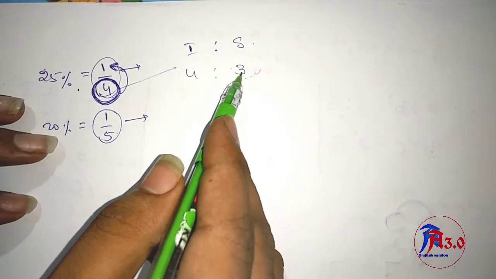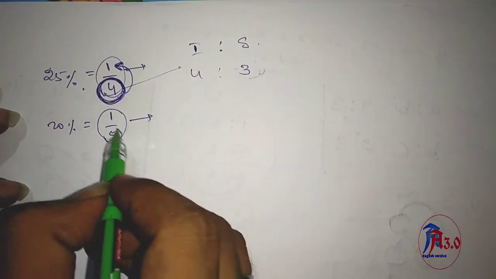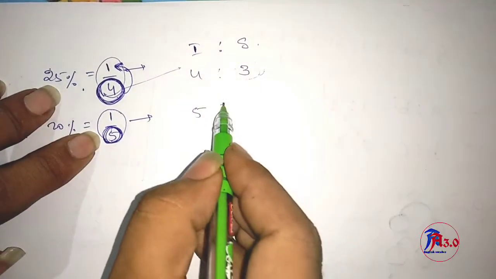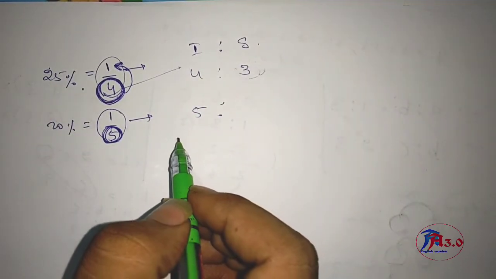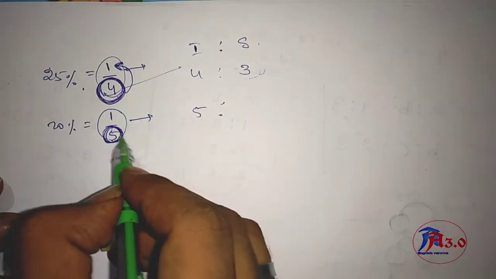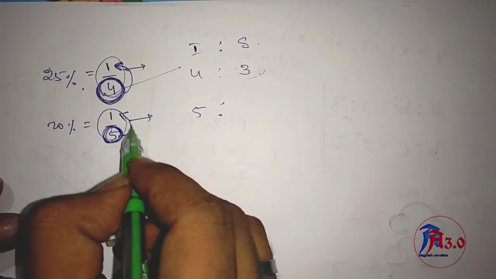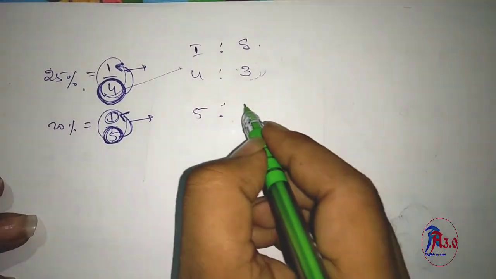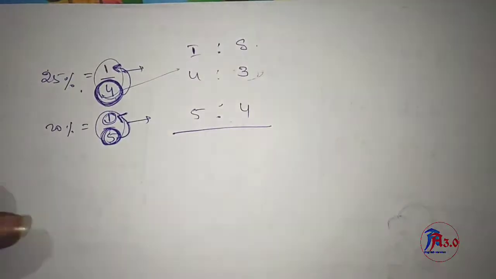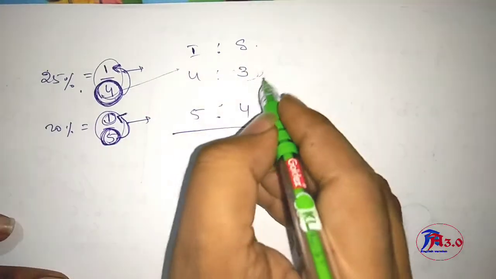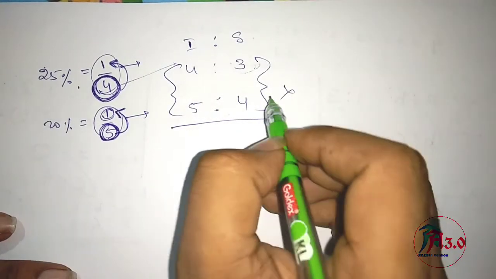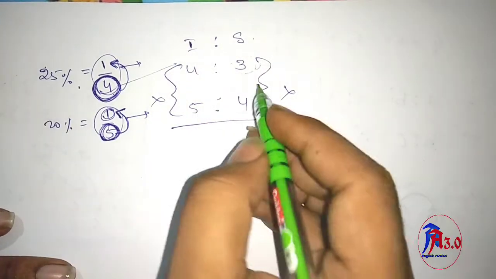And later, the remaining salary becomes 5 according to the fraction. And from 5, if she spent 1 unit, she is left with 4 units now. So we are tackling a successive concept. We have to multiply these ratios, then you will get the answer.